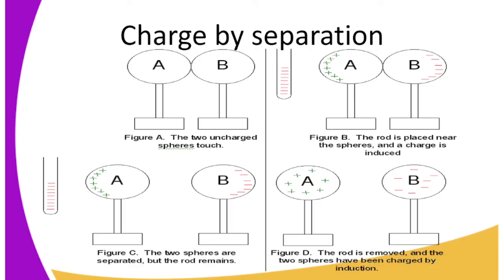And then when we separate the two, the positively charged particles in sphere A are going to redistribute themselves, and so sphere A becomes positively charged, while the negatively charged particles in sphere B redistribute themselves, and sphere B becomes negatively charged.